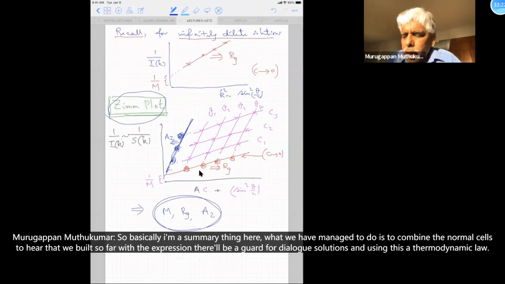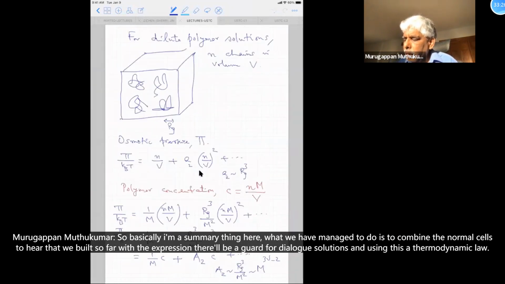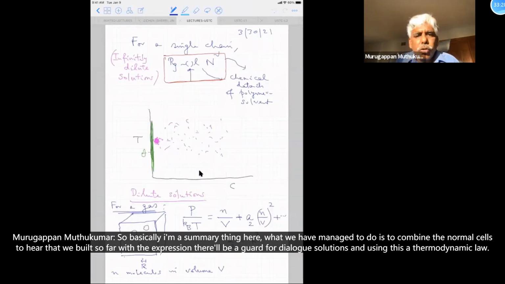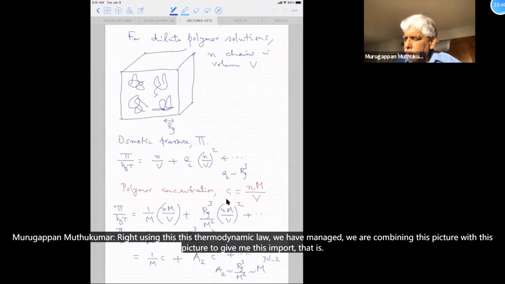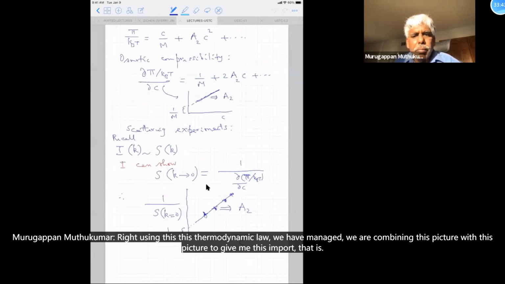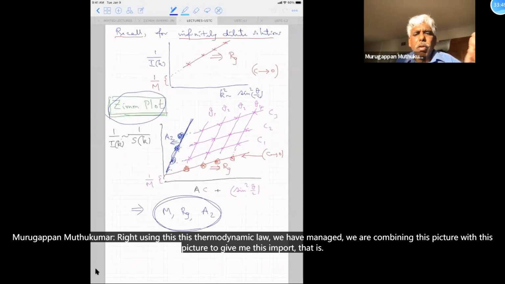Basically, I'm summarizing here: what we have managed to do is to combine the known result that we built so far with the expression that we got for dilute solutions, and using this thermodynamic law, we are combining this picture with this picture to give me this Zimm plot.